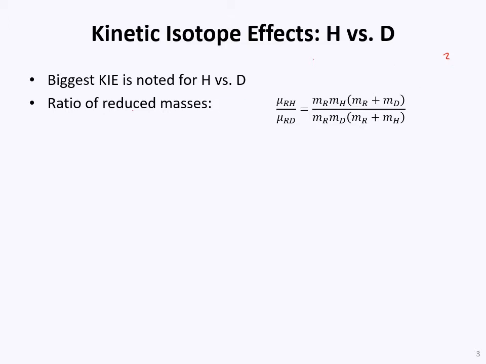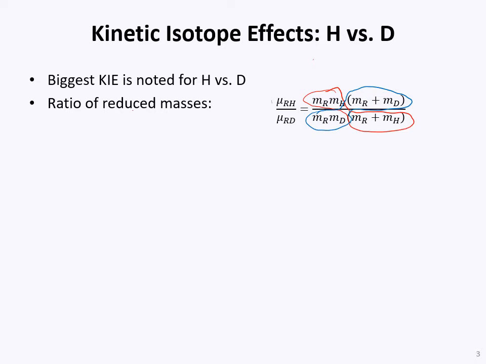The key point here is that the ratio is given by RH versus RD, and so we can just put the values in here. This part is the reduced mass for the H, and that's on the top. And this part that I'm going to draw in blue is 1 over the reduced mass for RD, because it's on the bottom of this ratio, isn't it? So that's what that is.